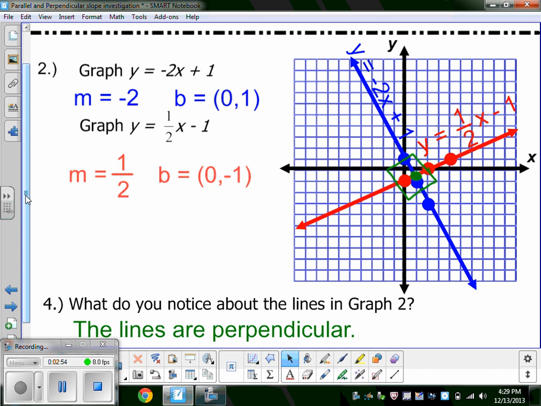Just like before, we are going to examine the equations to determine what makes this happen. Of course, we know the purpose of the constant in our equation. The constant gives us our y-intercept. The y-intercept is nothing more than telling us where our equation is going to cross the y-axis.